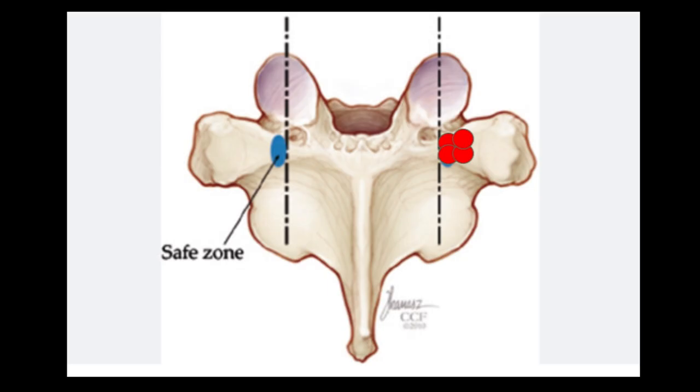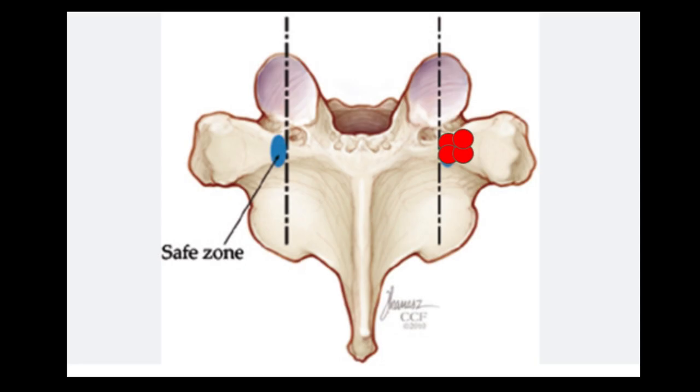All of them can be potentially acceptable entry points. So for every pedicle in the thorax, there are multiple probable entry points and multiple trajectories which are acceptable. So there are multiple methods by which you can put the thoracic pedicle screw.